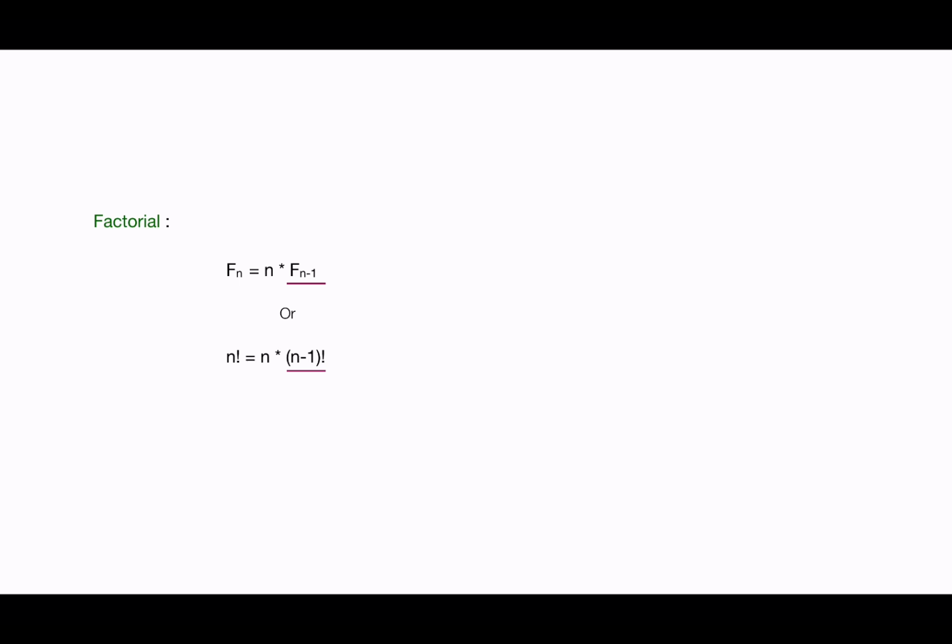Let's take another example of the Fibonacci sequence. Fibonacci series is a series of numbers such that each number is the sum of two preceding ones. So how do we calculate the nth Fibonacci number? Like this: fib of n equals fib of n minus 1 plus fib of n minus 2. That is the sum of two preceding numbers.